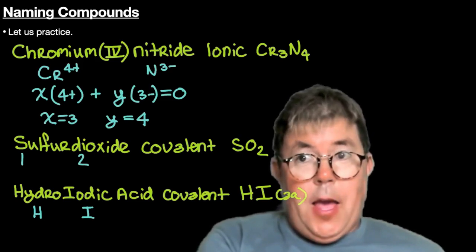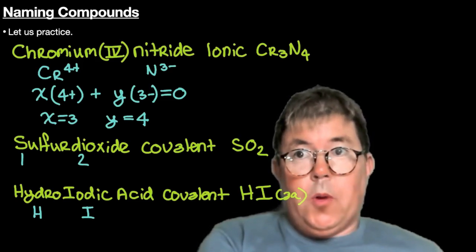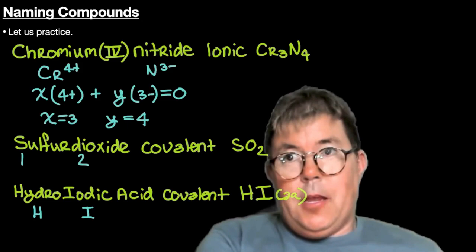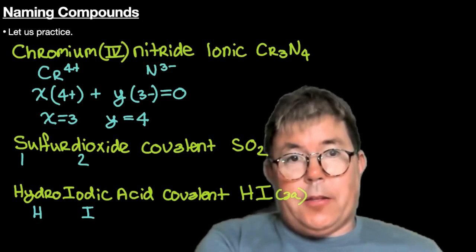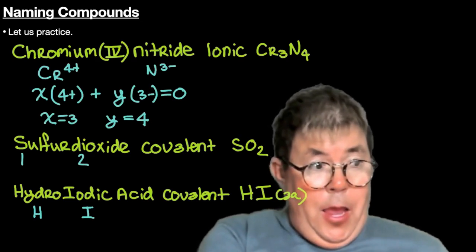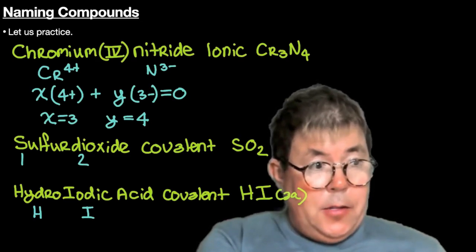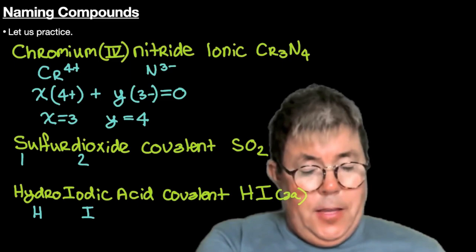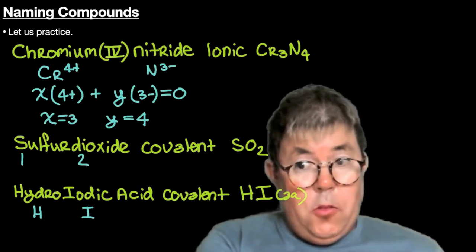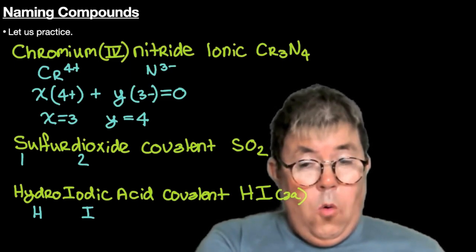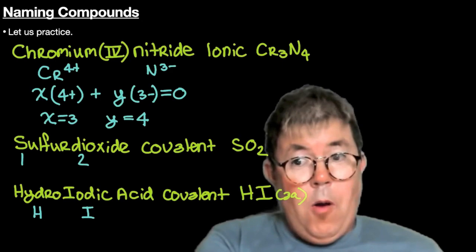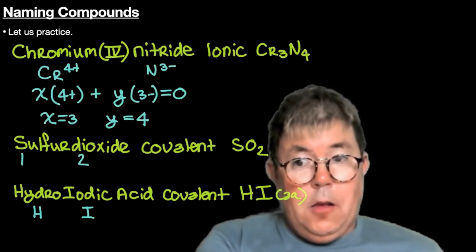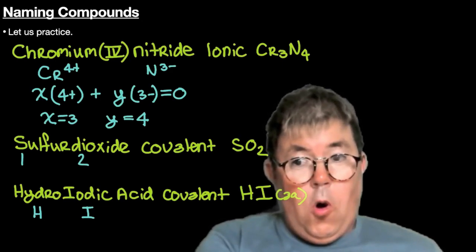I believe I have gone through how to complete the data tables. We will have 4 tables to practice. In the first 2 data tables, you will be giving me either the formula or the name of the compounds, as well as if they are ionic or covalent.